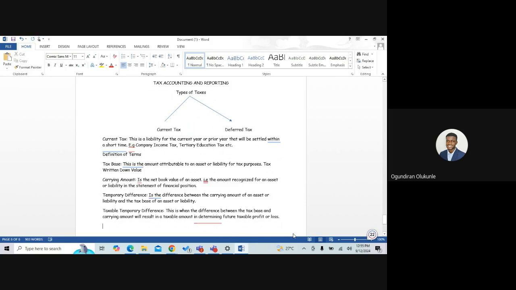The other one we have is called deductible temporary difference.